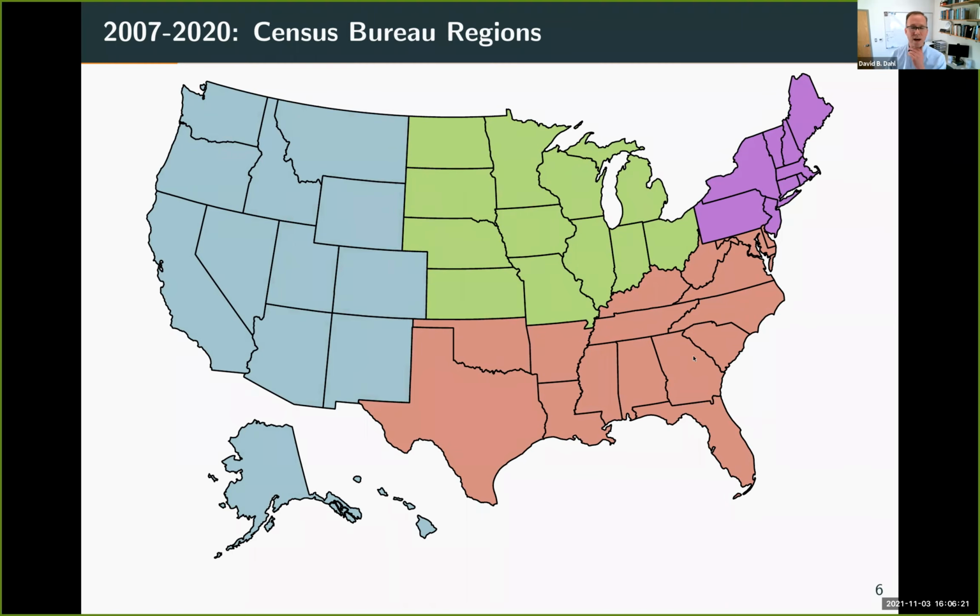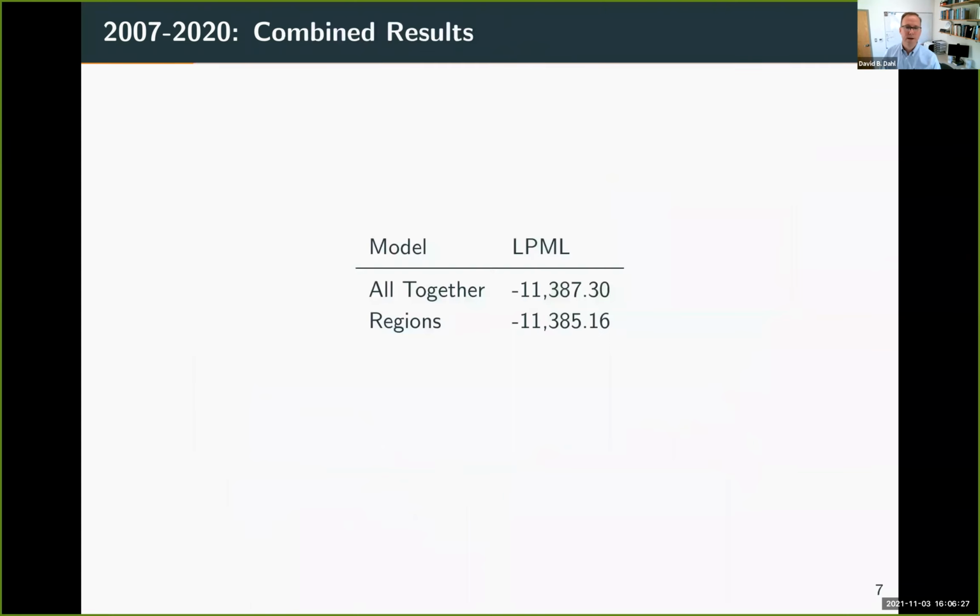So we could certainly do an analysis for each of the 4 regions separately using all data from 2007 to 2020. And that actually leads to a better LPML value, log pseudo marginal likelihood value, where bigger is better. And in this case, that means less negative. And so doing an analysis region by region is better than putting the data all together.